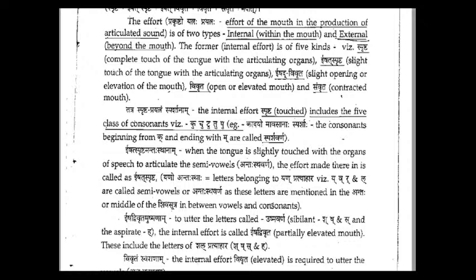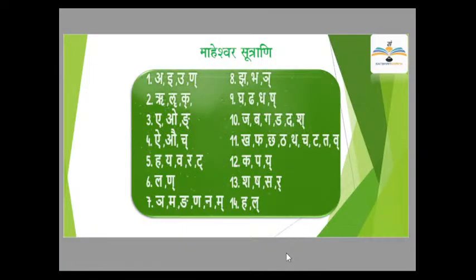So right now let us start our class with the explanation about the Maheshvar Sutra. Maheshvar Sutra, however, we studied in the second lecture, and then we understood about the articulation places, right? We understood about the efforts.